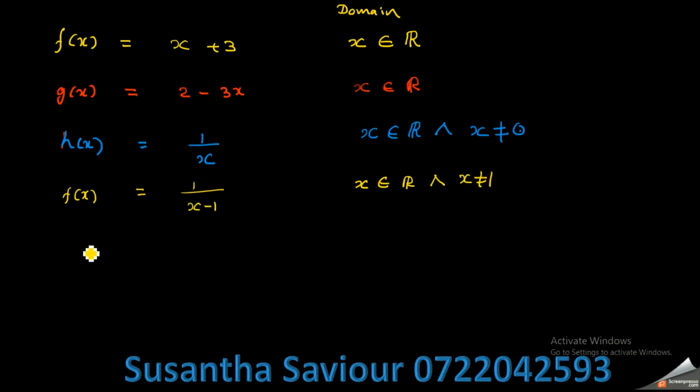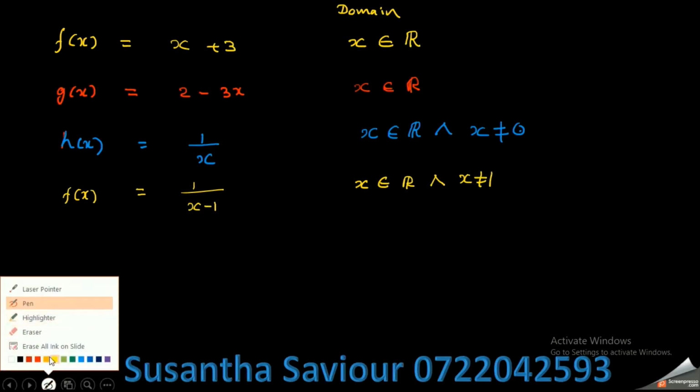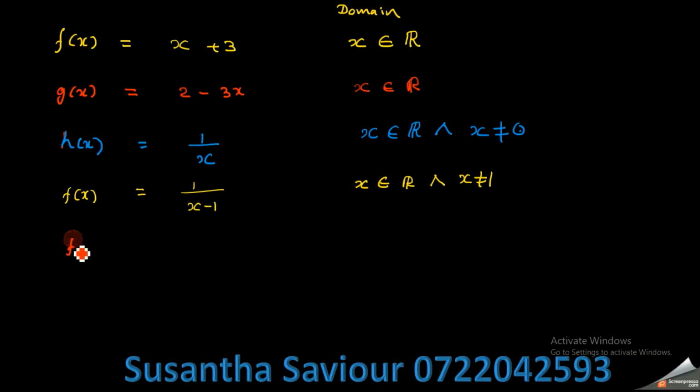So if you define another function, say f(x) is equal to 1 over x plus 3, then what can you say? x belongs to R and x is not equal to minus 3.